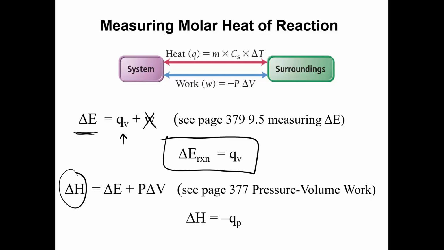Enthalpy is heat associated with a chemical reaction, so that's really what we want. We don't just want the change in energy, we want the change in energy that's specific for the reaction. And if we keep volume constant and then also pressure constant, then that goes away, and we can say that delta H is equal to negative QP, P meaning here pressure kept constant.